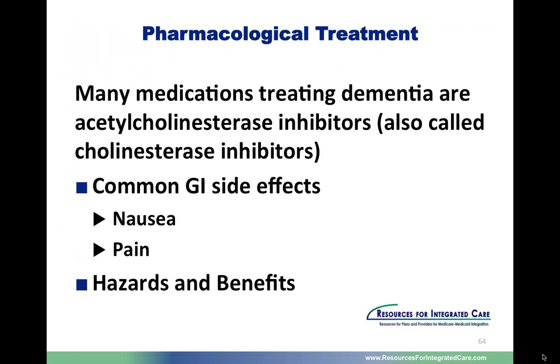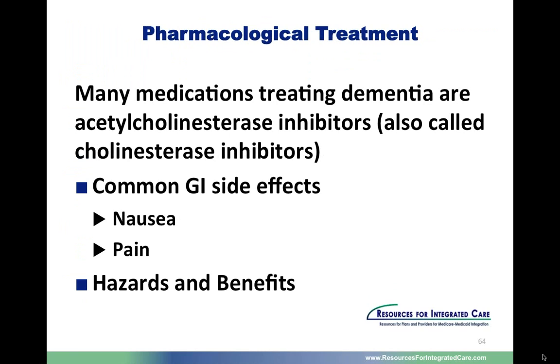So many medications that treat dementia are called acetylcholinesterase inhibitors. They're also called cholinesterase inhibitors. And not to go into the pharmacology too much, because we'll actually be doing that in the pharmacology module later on, there are common gastrointestinal side effects. And a major side effect is nausea and pain.